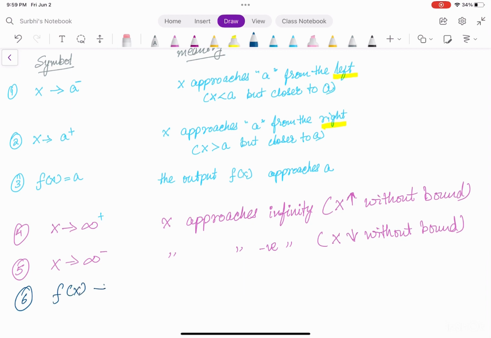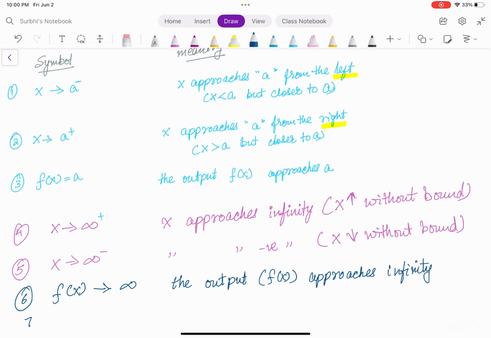Now if I have to write it in the form of a function, so f of x arrow infinity, how will you read it? The output, f of x, approaches infinity. Right?